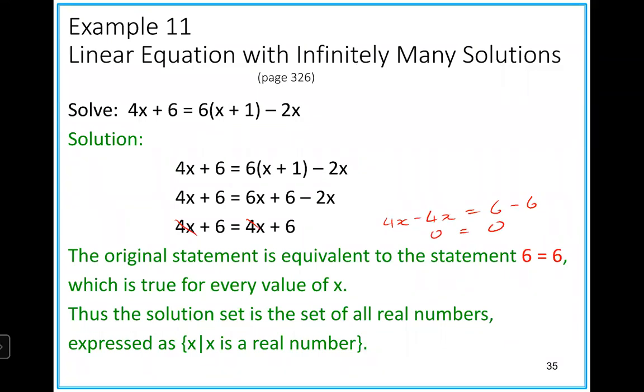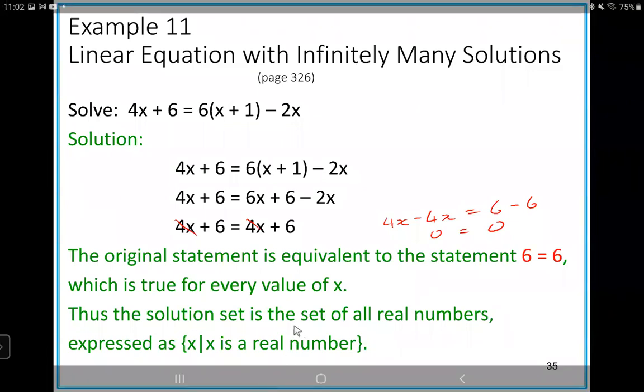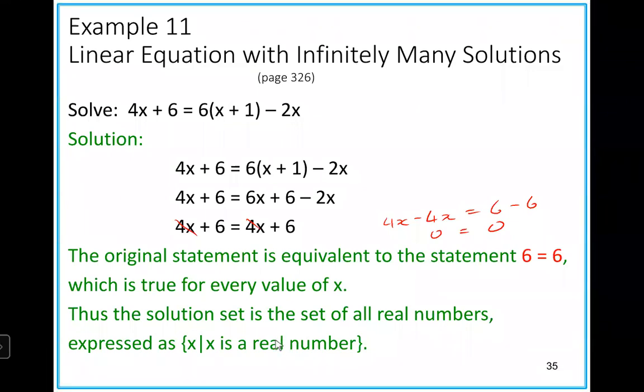So when you get this type of result, when you're trying to solve an equation, in this case, this equation has an infinite number of solutions, and it's true for all real numbers. Okay, so any number that you put as a value for x would give you a true statement in this case. So you have, in this case, what they call equations with infinite solutions.